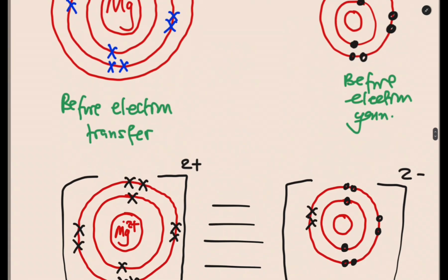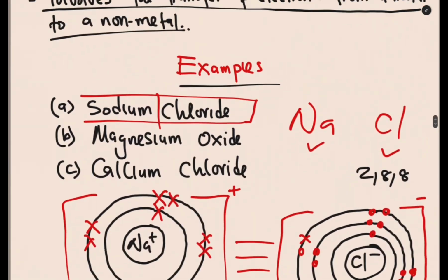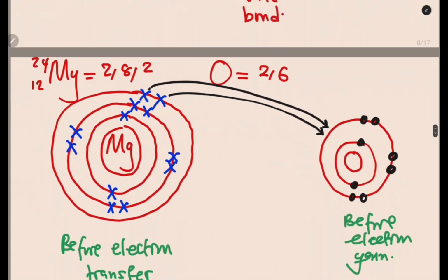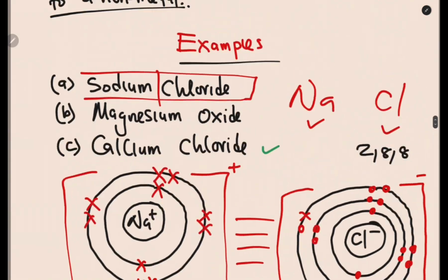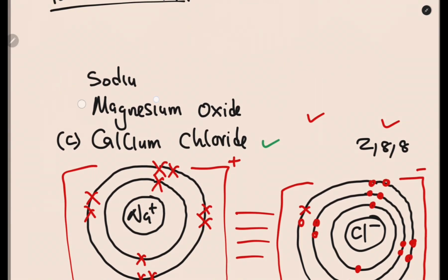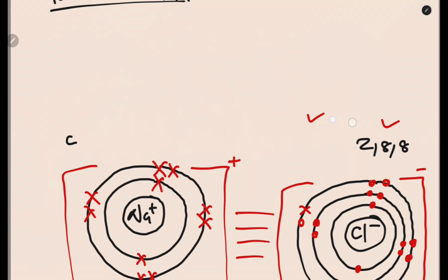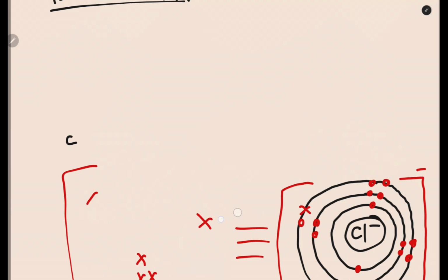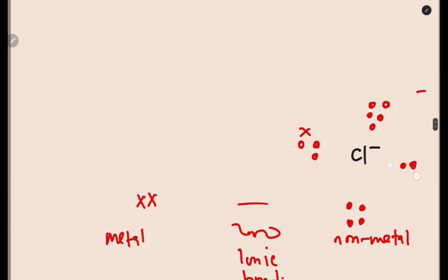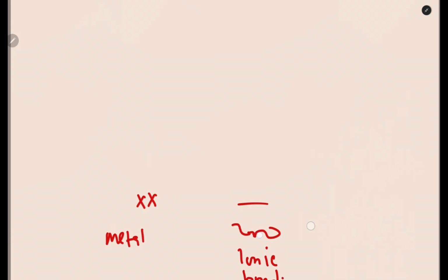Okay, so try out the other one that we've left out, which is calcium chloride. Or let me just explain calcium chloride because I think it's a bit complex. So let me explain calcium chloride to avoid confusion. It's a bit unique because it involves 2 chlorine and 1 calcium.